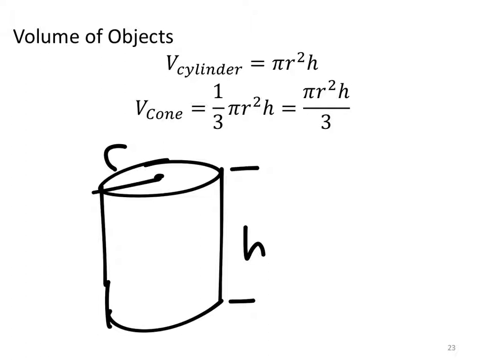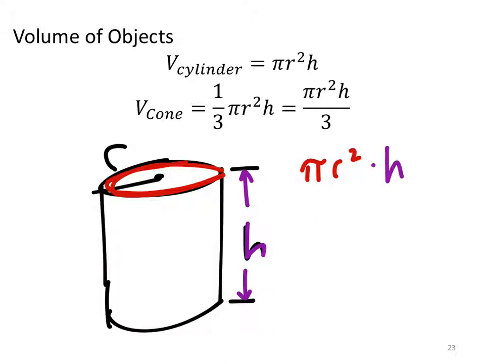And when we do that, we can see from the volume of the cylinder that all we're really going to do here is take the area of this circle, which is pi times the radius squared, and then we multiply it by the height of the actual cylinder, and that would be the volume of the cylinder. All right. So that's the volume of the cylinder right here.